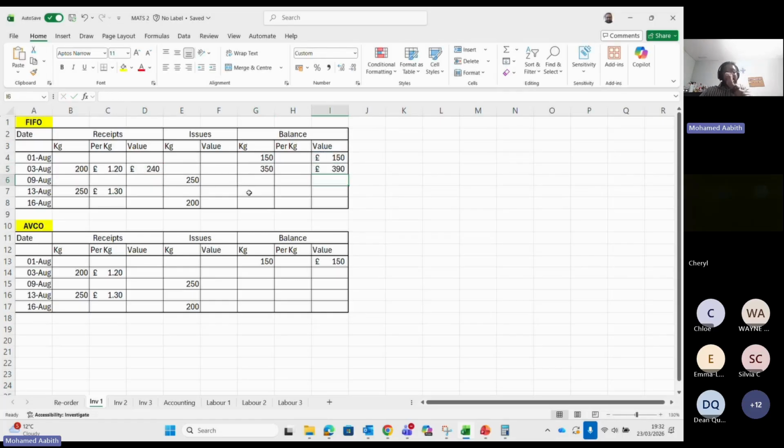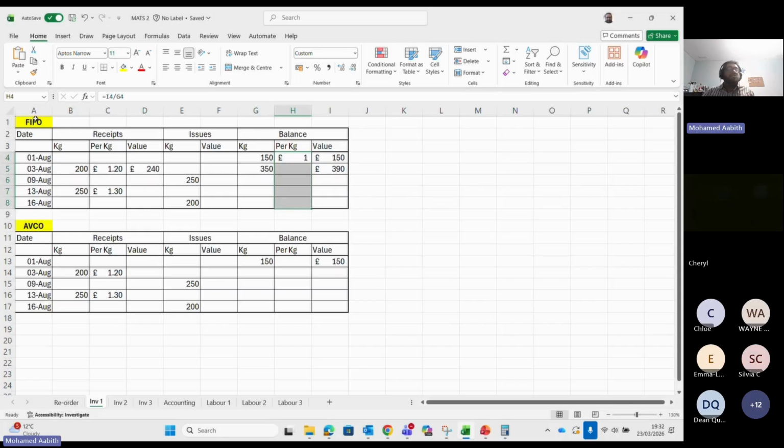At the moment my inventory is 350 kilos, but they are valued at 390 because we received new stock with a higher value. Otherwise, if they stayed at £1 per kilo, this would be equal to this divided by that. But I'm not trying to find the average value yet, because we're not looking at AVCO. We're looking only at FIFO at the moment.